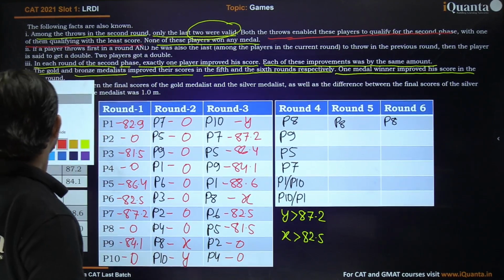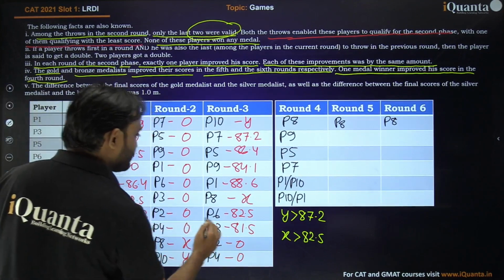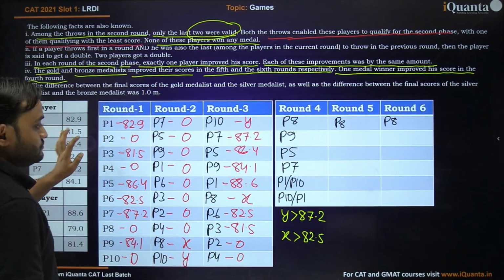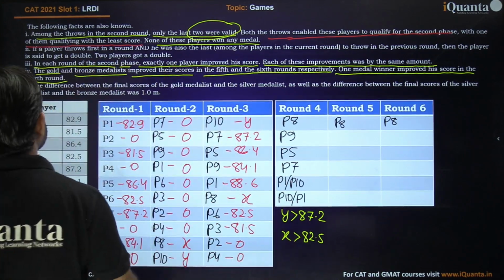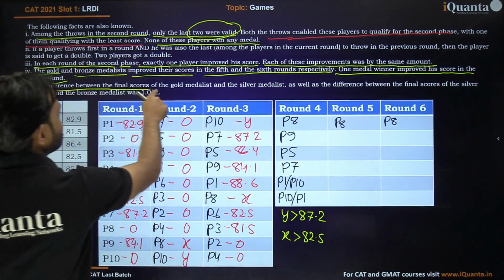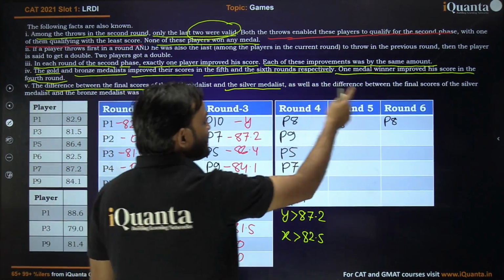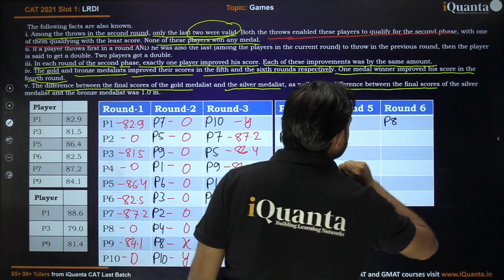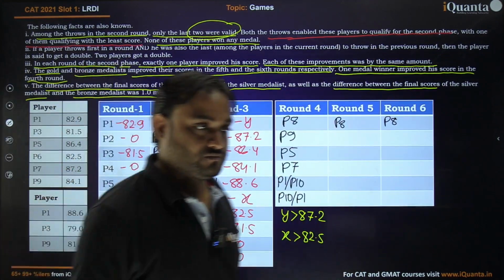So now let's read the rest of the information. It says the difference between the final scores of the gold medalist and the silver medalist, as well as the difference between the final scores of the silver medalist and the bronze medalist, was 1.